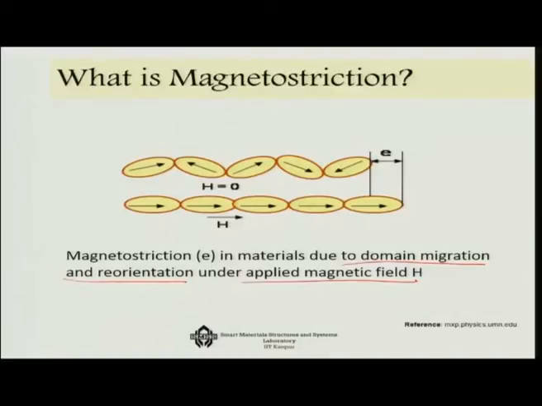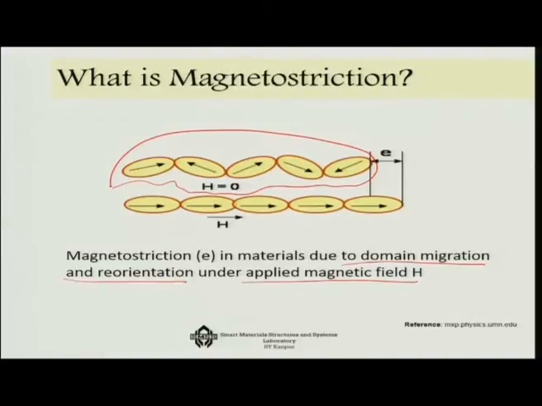For example, consider the first case where a magnetic material, as you know, always has magnetic dipoles in it, and each dipole has its own direction, but these directions are randomly aligned in terms of north and south, as there is no applied magnetic field.